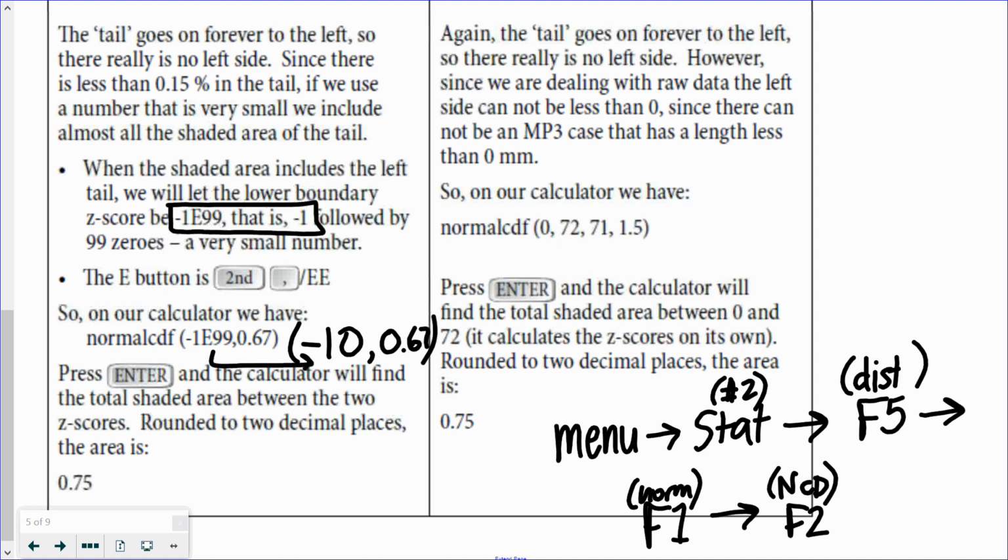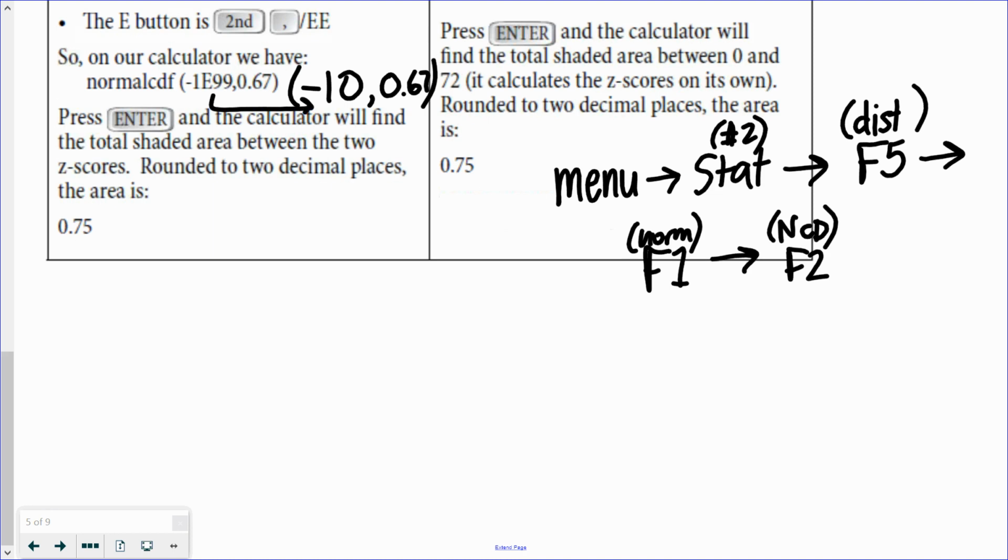And now it's kind of asking you some questions. So it says data. Where it says data, you're going to make that say variable. So you press F2.